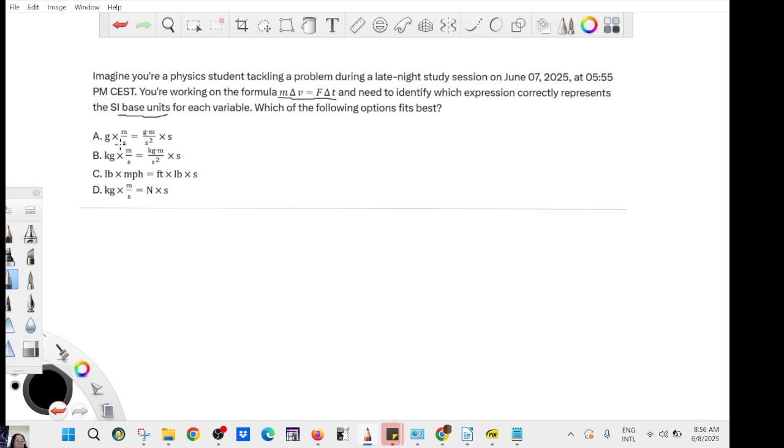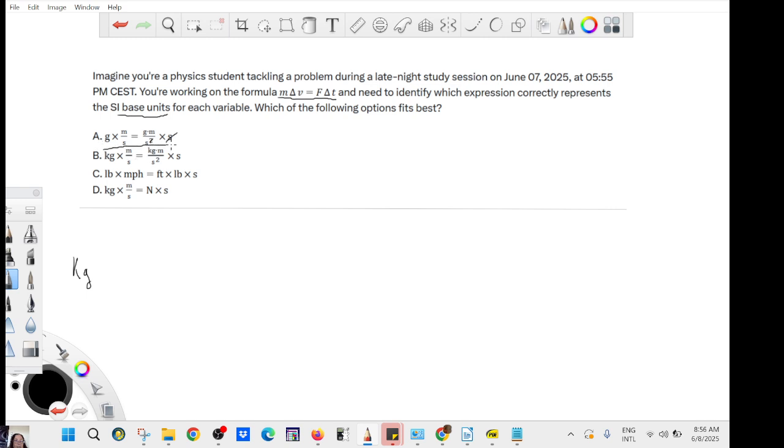Okay, so here it doesn't work because in SI units you need to have kilogram. Even though it's consistent, you can cross this out. You have gram meter per second, and this is mass, and this is speed. That could work, but gram is not an SI unit.